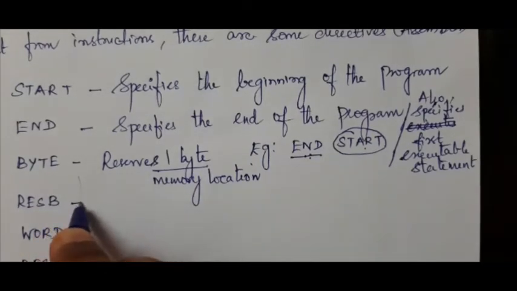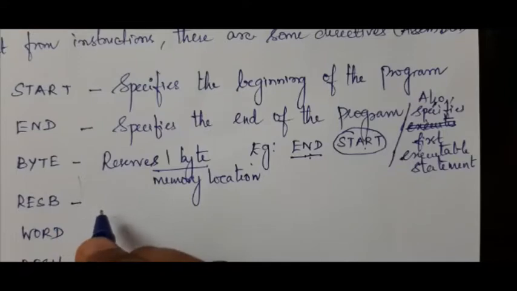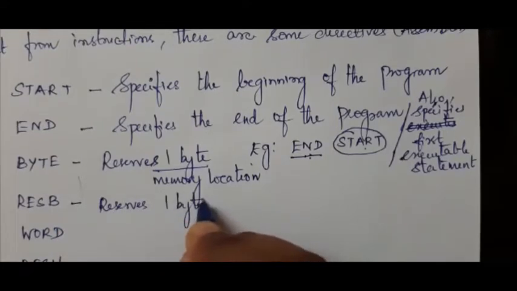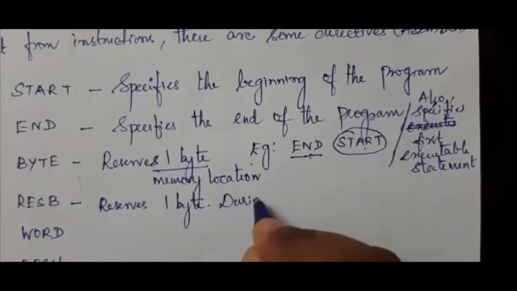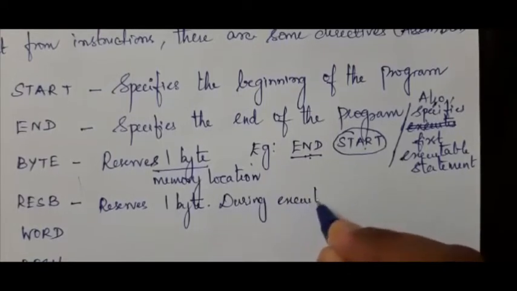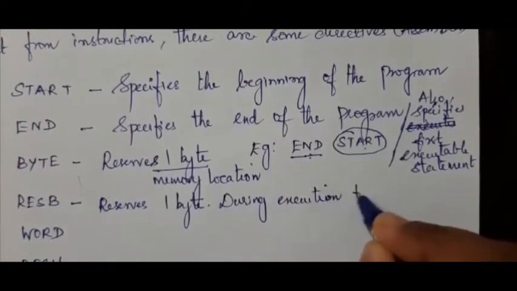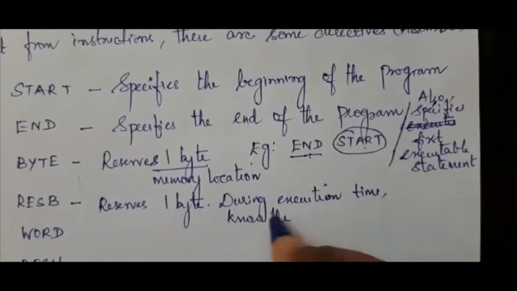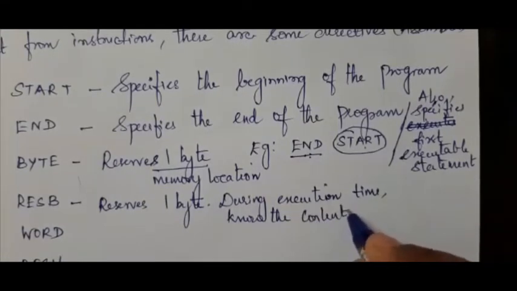Here RESB, reserve byte, means what? It also reserves 1 byte, but only during the execution time will we be able to know the content stored in that reserved byte.